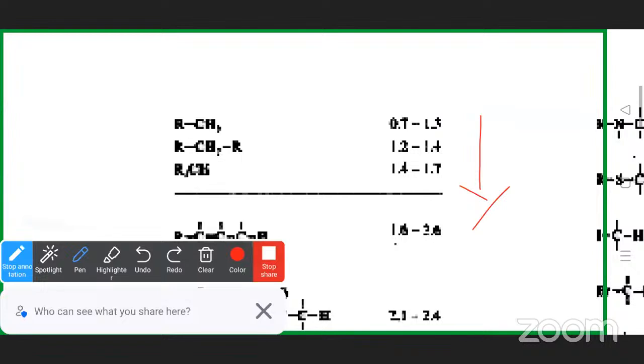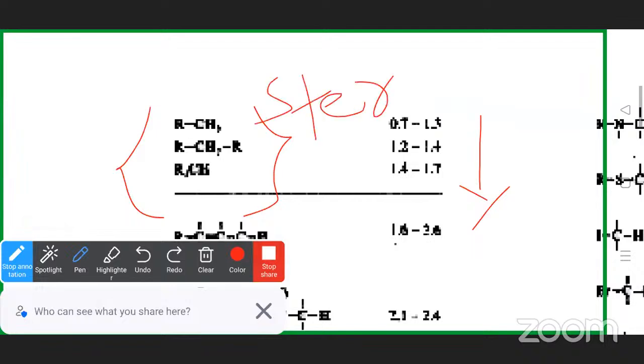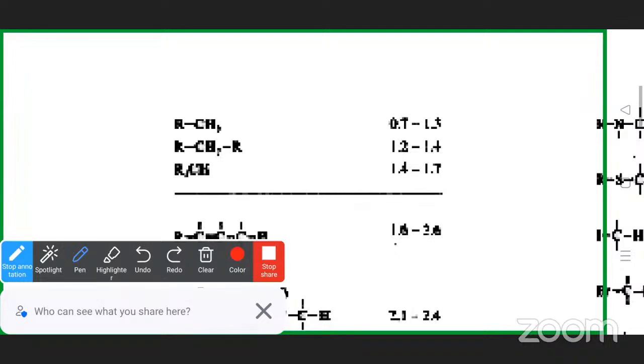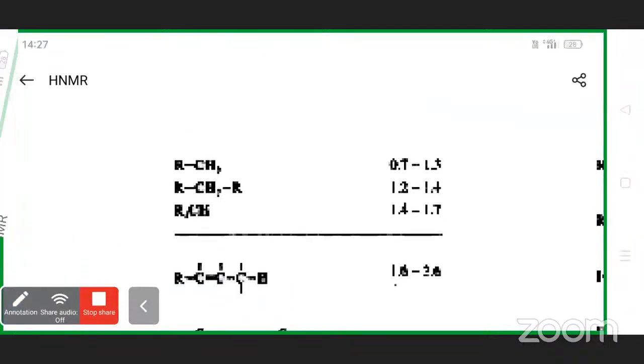Here one factor, the steric crowding factor, is acting on this compound. Primary is sterically free, secondary is somewhat sterically free, and tertiary is sterically crowded. So with increase of steric crowding, your delta values are going to increase.